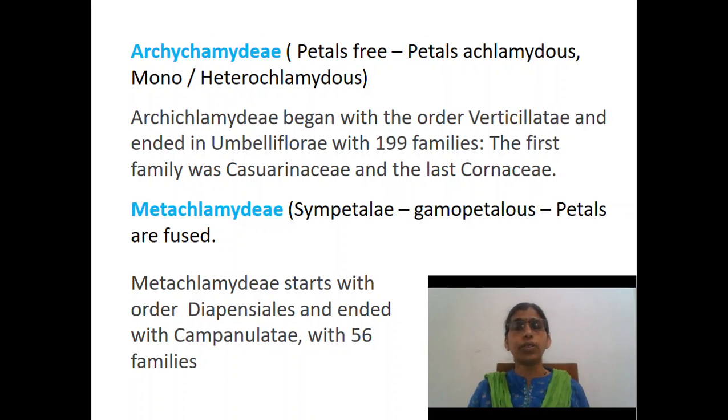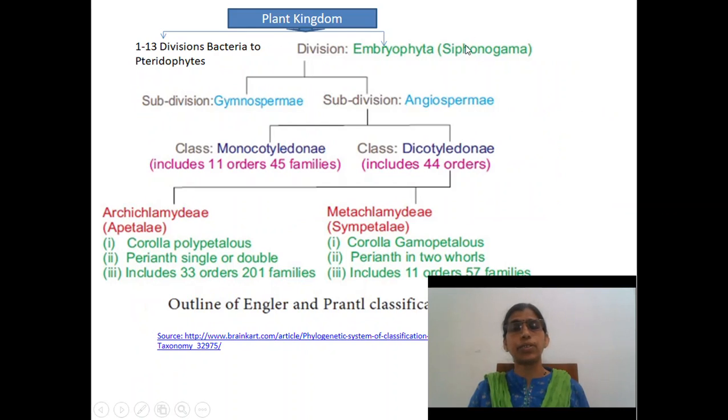If we look into the schematic representation of the Engler and Prantl system of classification, we can see the plant kingdom is broadly divided into 14 divisions. The first 13 divisions are from algae to pteridophytes, and the 14th division includes Embryophyta Siphonogamma.